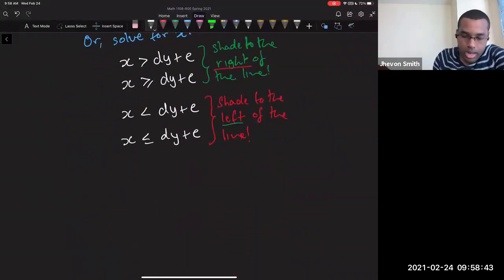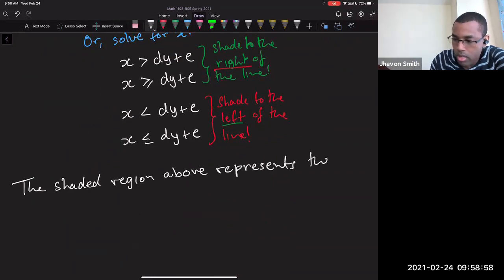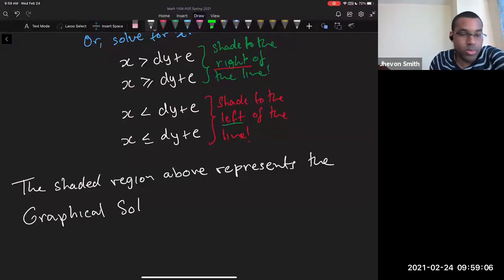Now, the shaded region represents the so-called graphical solution. That's the solution that you get as a picture, right?